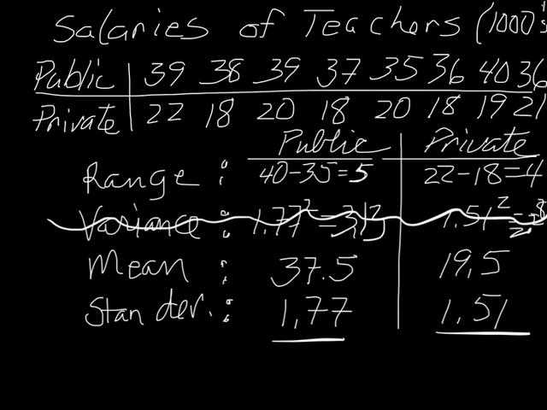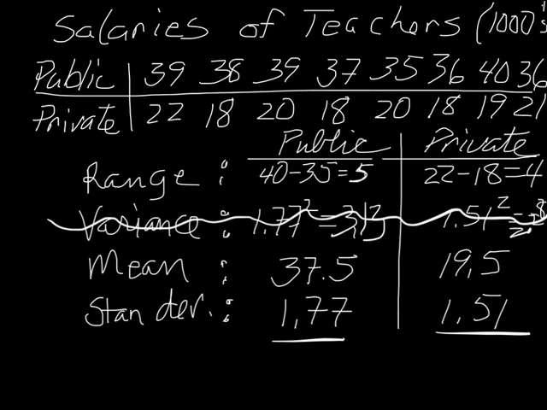So what I could say is the public school range in salaries is larger than the private school range, but the minimums and maximums in the private school are much lower than the public school, approximately half. I could say that the mean's approximately half.